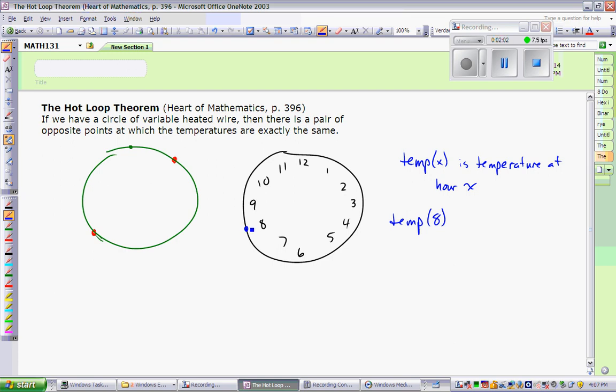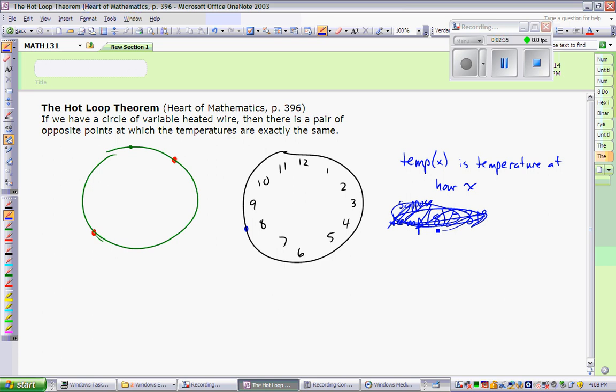It could be like, I don't know, 30 degrees Fahrenheit or 100 degrees Celsius. The 8 is just telling us where it's at, right? There's some value. Temperature 8 could be like 31 degrees. That doesn't really matter, it's just that the notation will help us. So yeah, that's the idea.